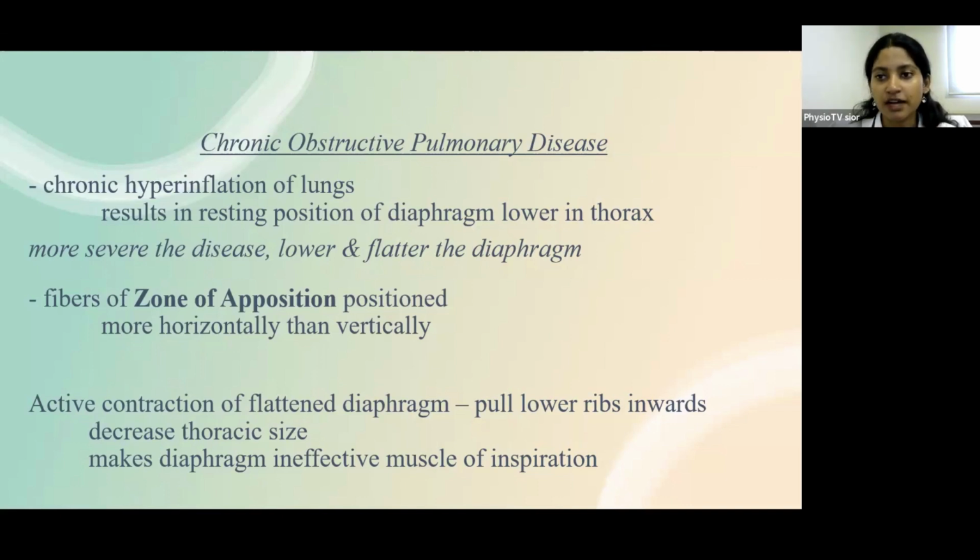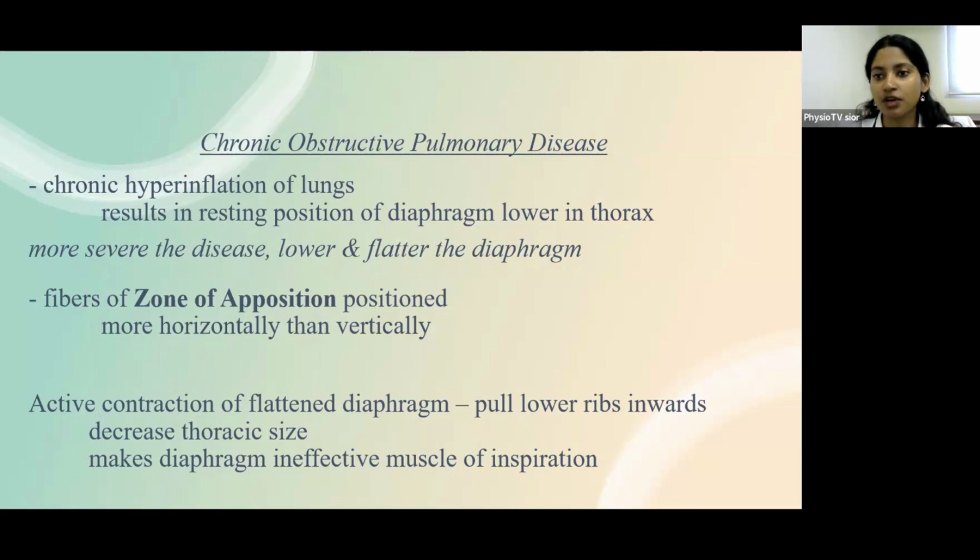Because of that, the zone of apposition that we saw, the vertical fibers running in the costal fibers or in the dorsal segments, rather than being vertical, are going to be more horizontally placed. So the area that they have to contract is going to be reduced.